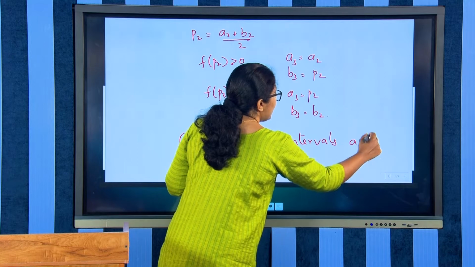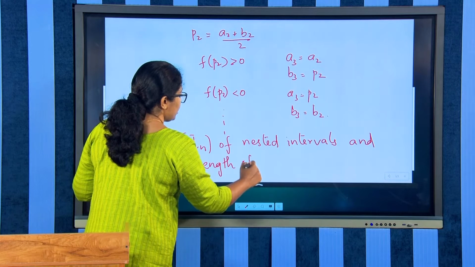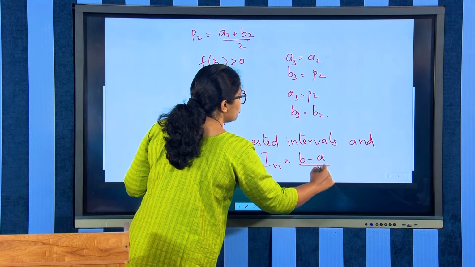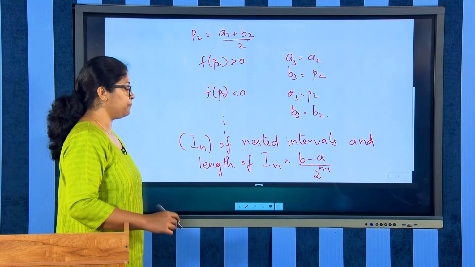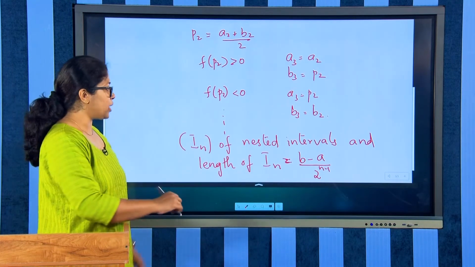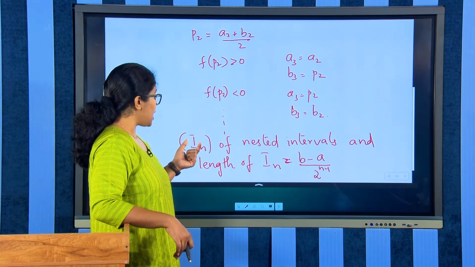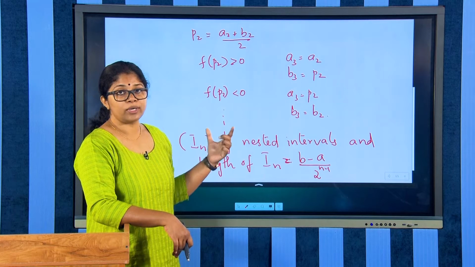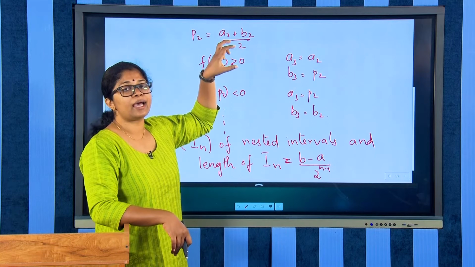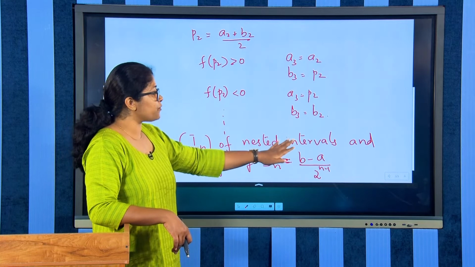and the length of In becomes exactly equal to (B minus A) by 2 power n minus 1. So this is the length of each In, and we have started with In to be closed bounded intervals, and we have restricted the points to be a point on the interval itself, and In is a sequence of nested intervals.